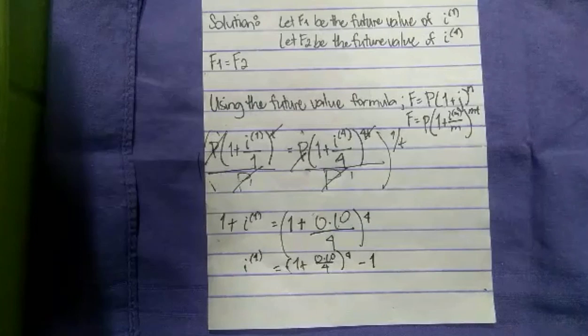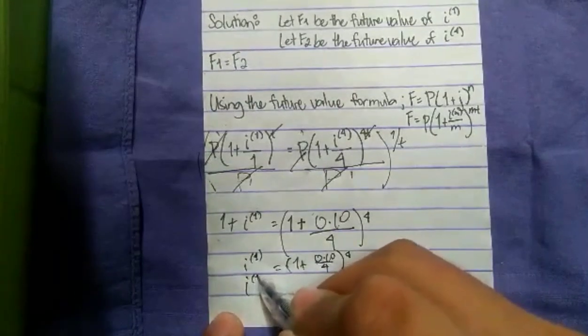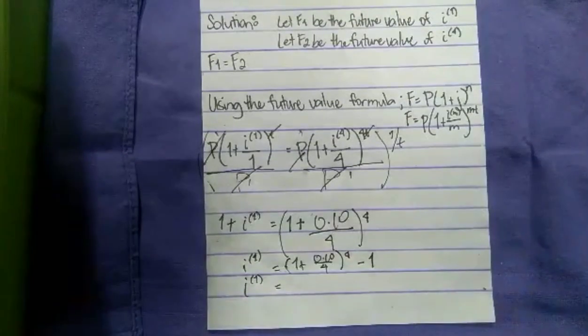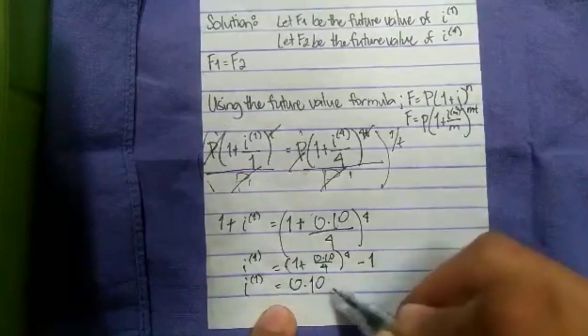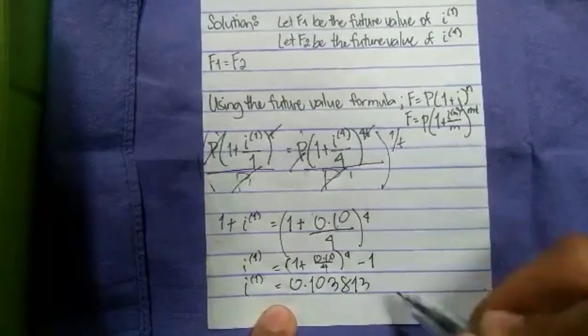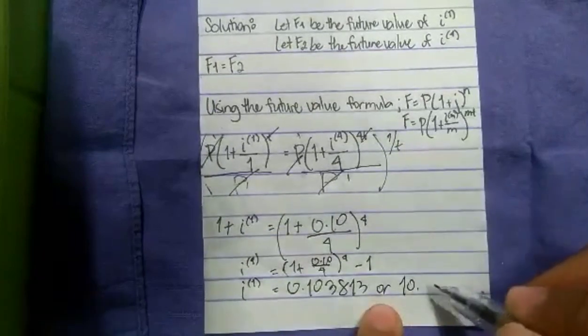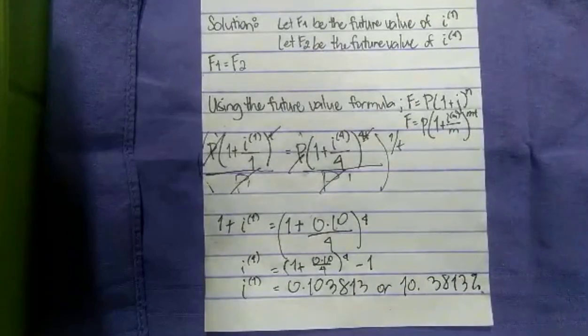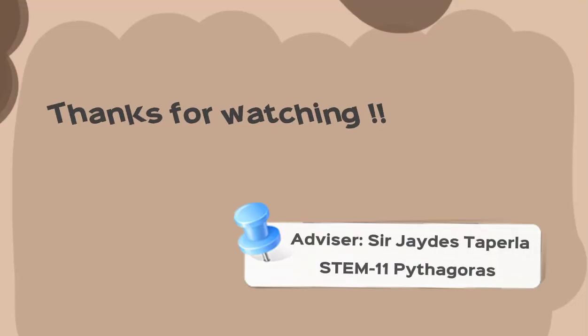If we calculate it, it becomes 0.103813 or 10.3813%. So that's how you solve the problem about effective rates, nominal rates, and equivalent rates. So that is the effective rate equivalent to 10% compounded quarterly. That's all.